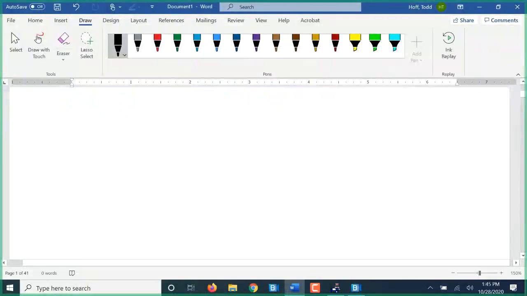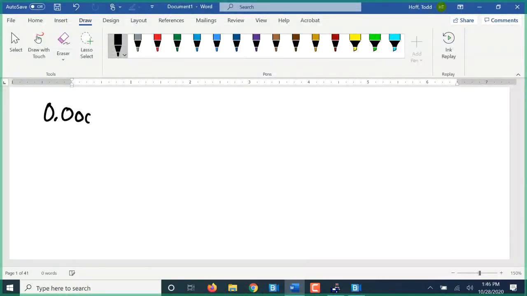So if I want to convert, like, 0.0000089, I identify my first non-zero digit. That's the 8 right there. So I move my decimal point so it's after the 8.